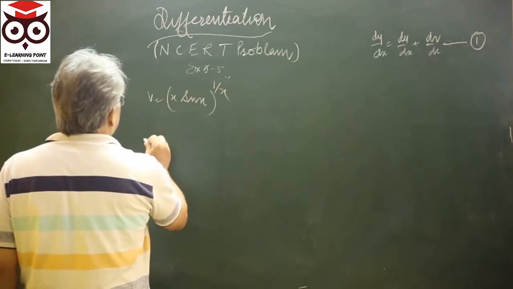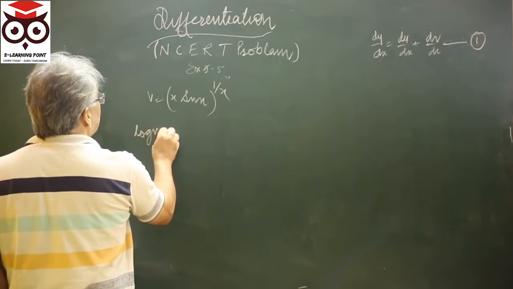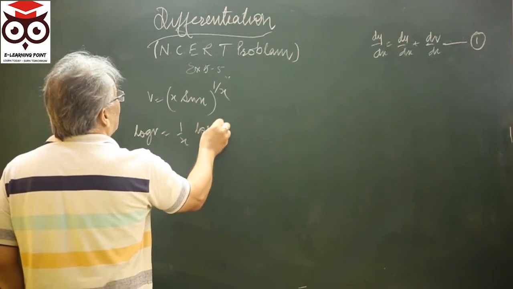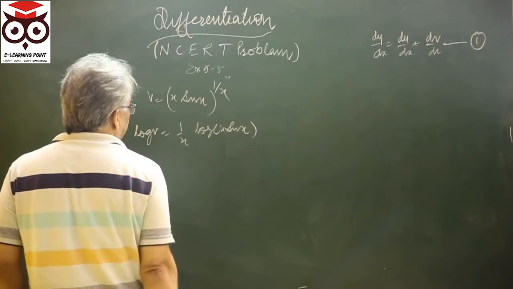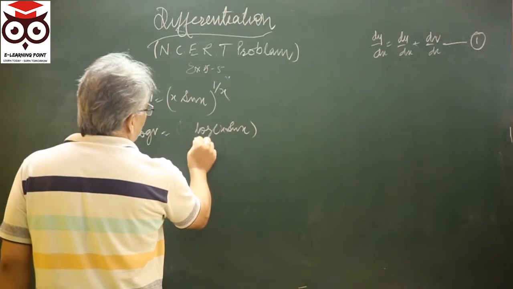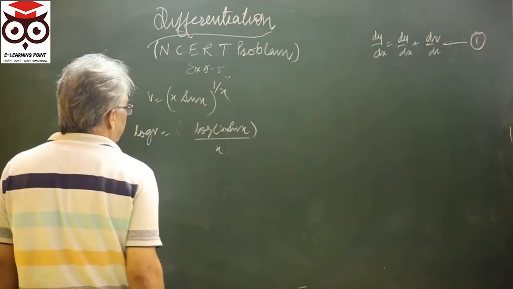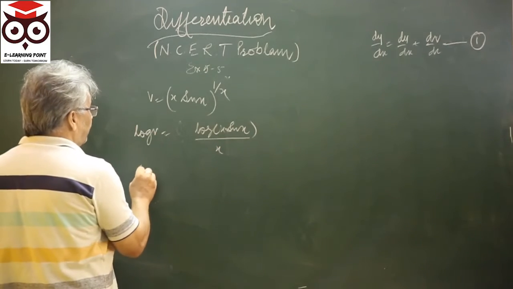Now taking log both the sides, log v is equal to 1 by x log x sin x, right? Now either I can do it by quotient rule, so I think quotient rule will be easy. It is not typical for all of you.